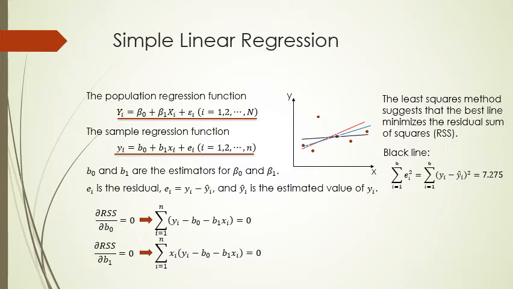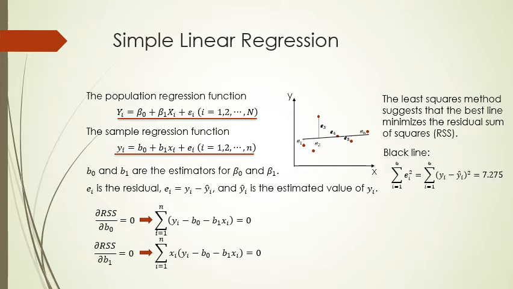In linear regression, RSS is related to the difference between the observed values and the estimated values, representing the variation that may not be explained by the model as well. It turns out the black line is the best fit line since the sum of squared residuals is at the minimum.